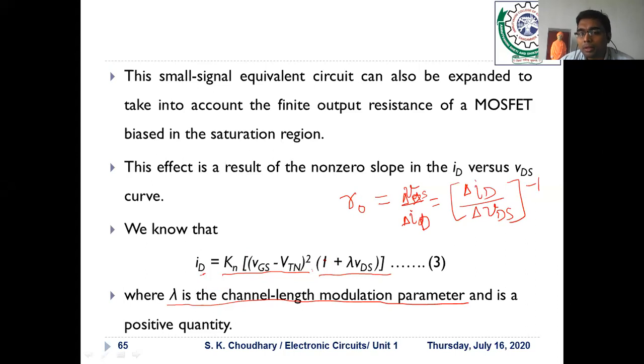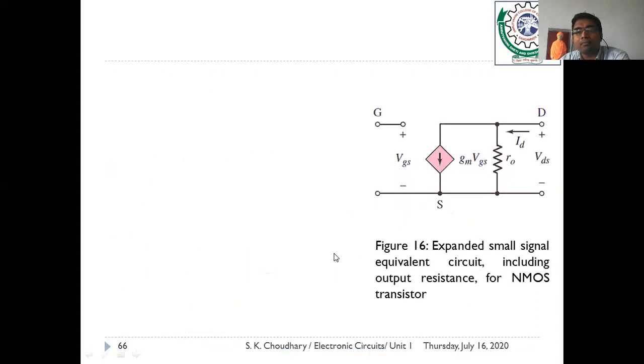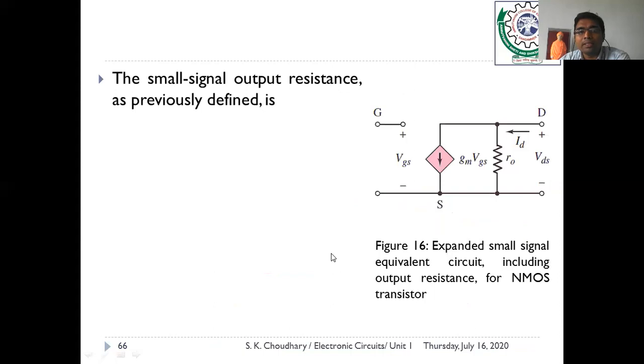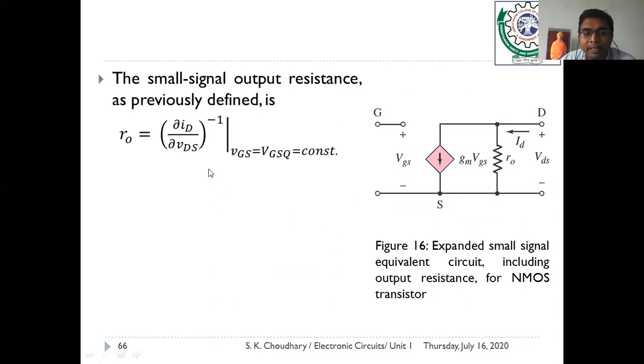Okay. Now we have to see the next slide. The small signal output resistance could be defined as delta of ID upon delta of VDS to the power minus 1, keeping one parameter constant here, because VGS remains constant. So what would be the equation for R naught now?